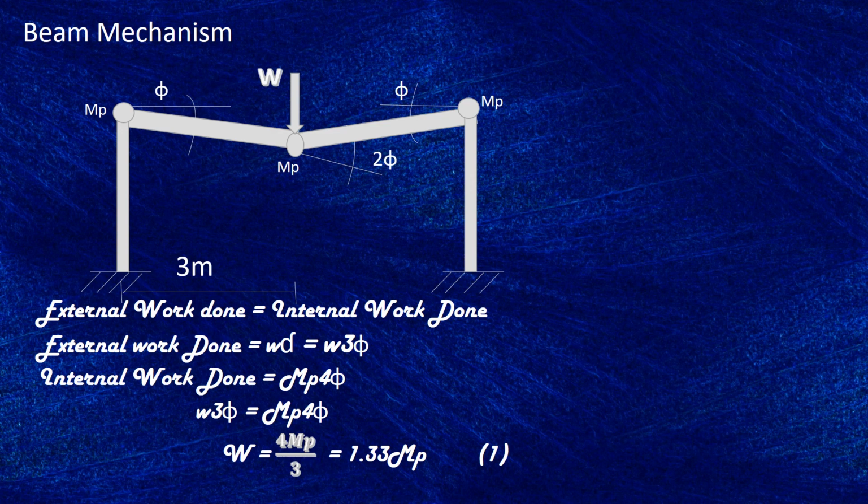That rotation times the moment MP is the internal work done. Here we've got 4 joint rotations, which is 4 times MP times theta, that is the internal work done. And the travel distance by W times vertical dV, which is theta times 3, is the external work done. When we equate that, we get W, which is 1.33 MP.